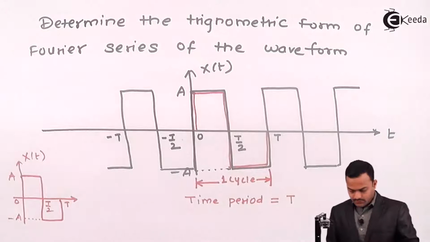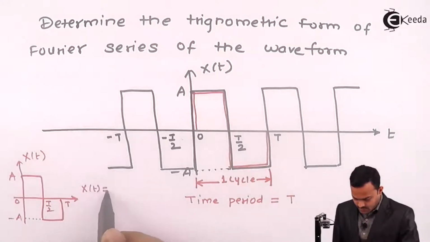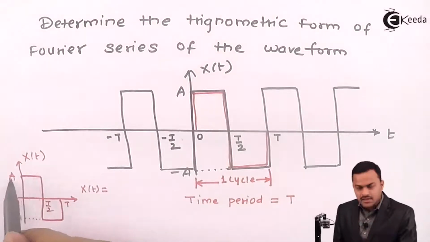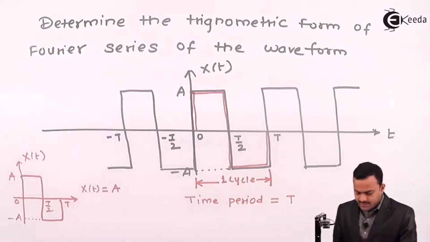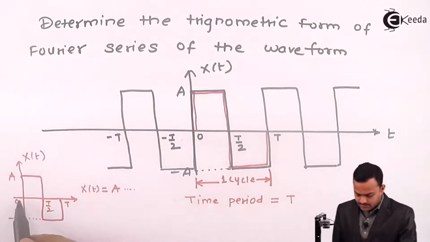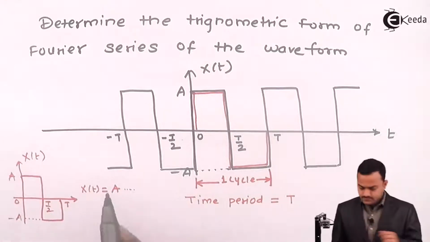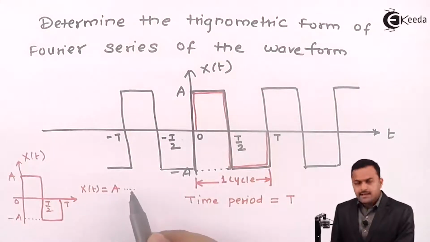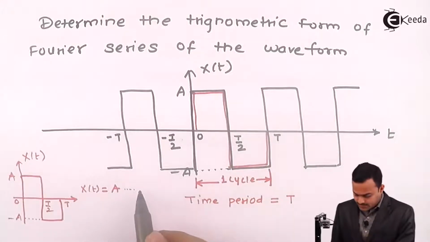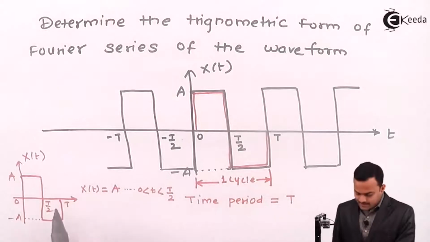So it will be like this: x of t equal to a constant capital A for the time interval 0 to T by 2. So A is from 0 to T by 2, and then T by 2 to T, it is minus A.